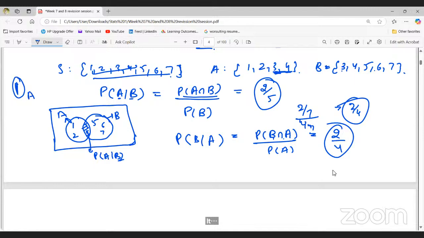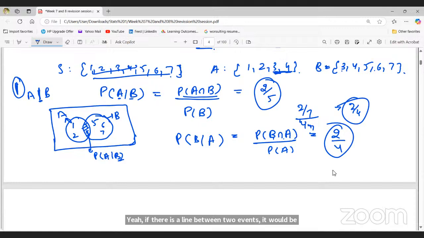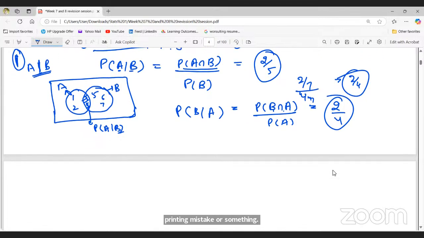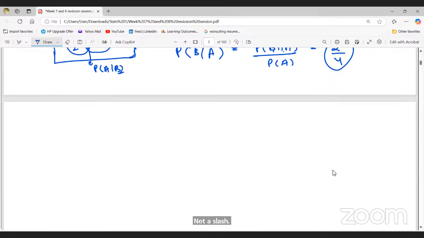If there is a line between two events, it would be conditional only. Sometimes it is a writing or printing mistake, so it would be slanting or something. Just remember it as conditional only, not a slash.